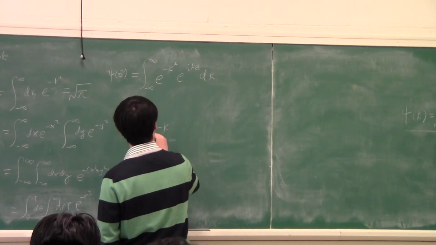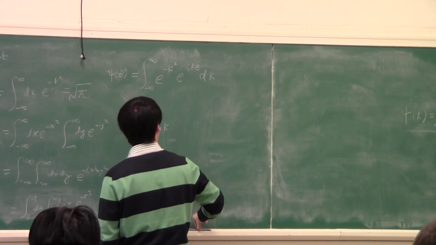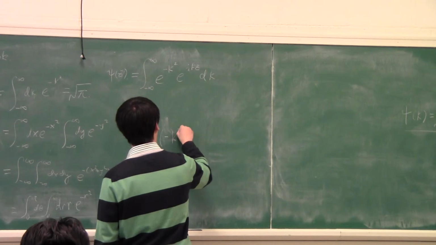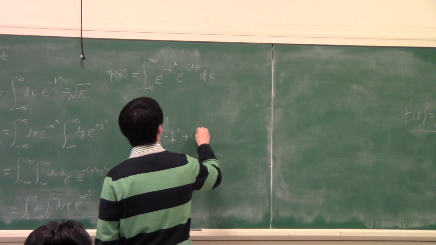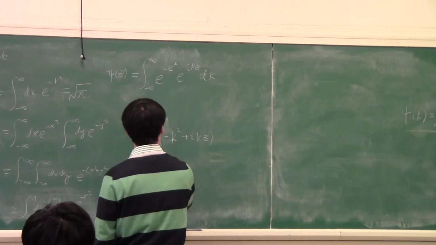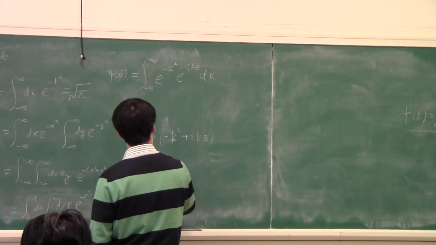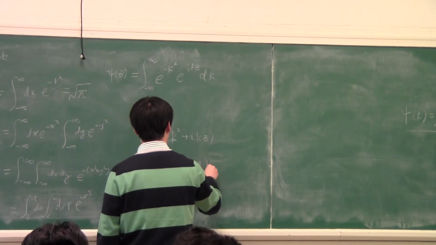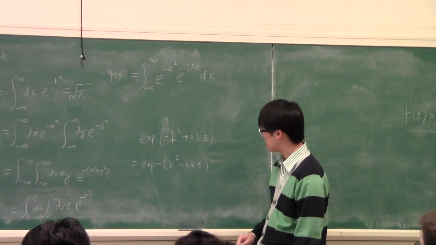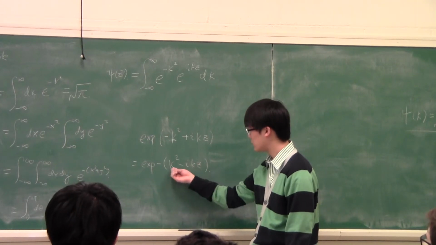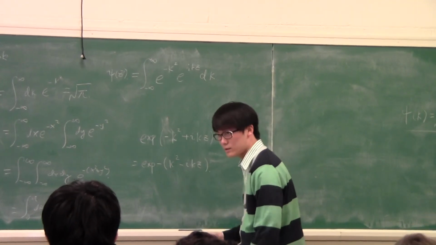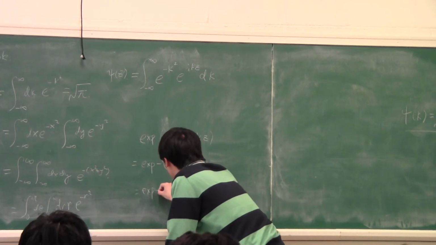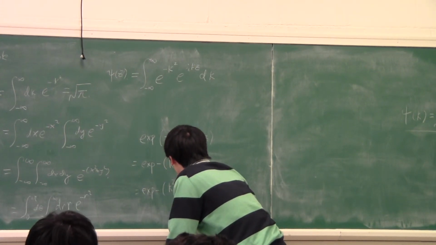Right? It's exponential of minus k squared plus i k z. Okay, so let's take this to be minus k squared plus i k z. So how do I complete the square here? Because there's a minus sign here, right? So imagine this being k squared.